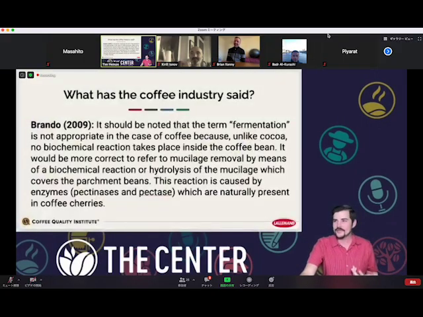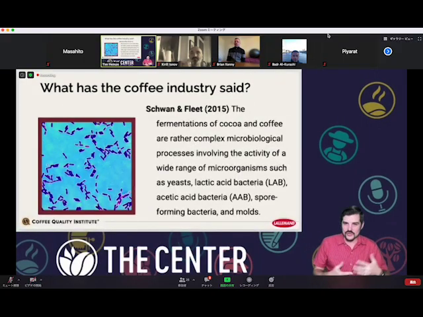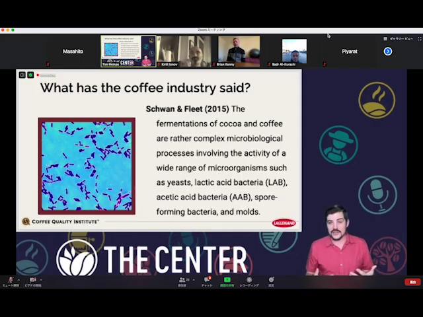That should be fun. Anyways, then finally we get to Schwan and Fleet. This is 2015, and this is a really, really great textbook. It talks about all kinds of different fermentation aspects, but Schwan and Fleet basically articulate that the fermentations of cacao and coffee are rather complex microbiological processes involving the activity of a wide range of microorganisms, such as yeast, lactic acid bacteria, acetic acid bacteria, spore-forming bacteria, and molds.